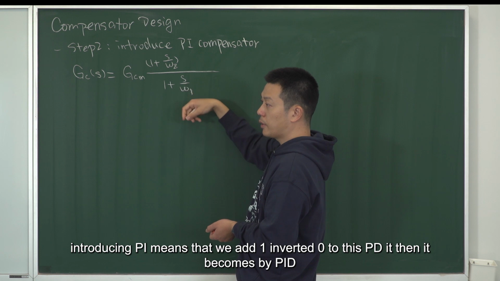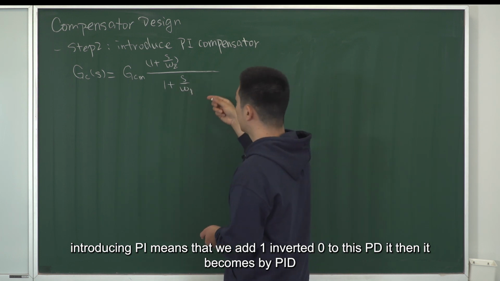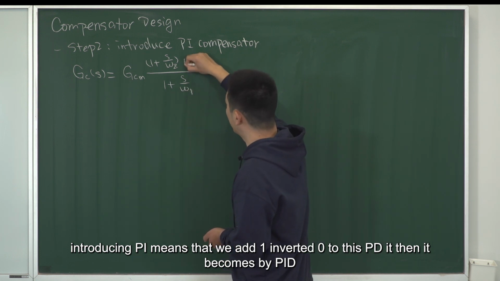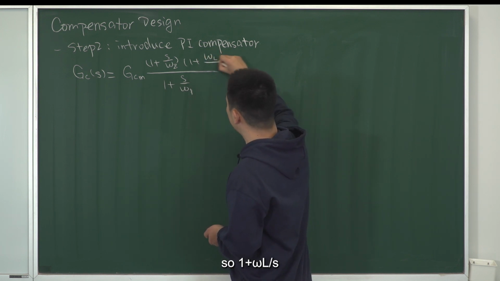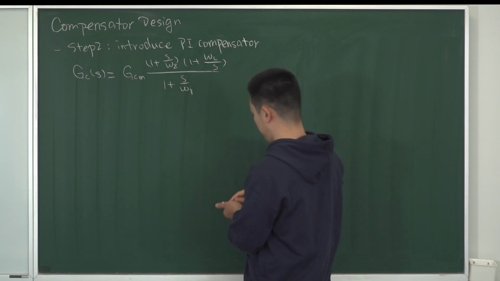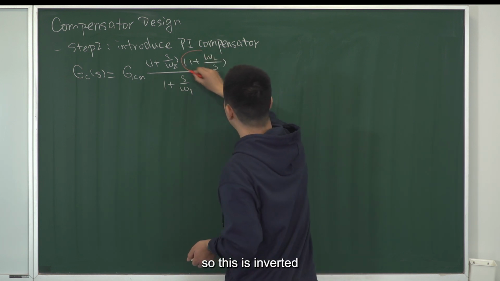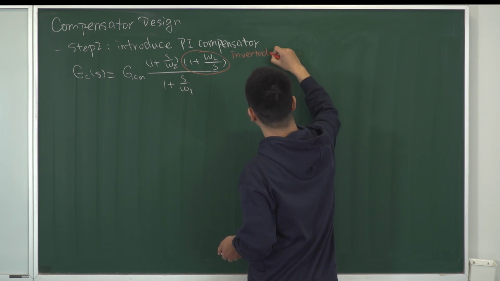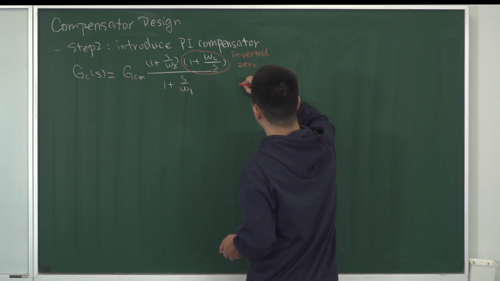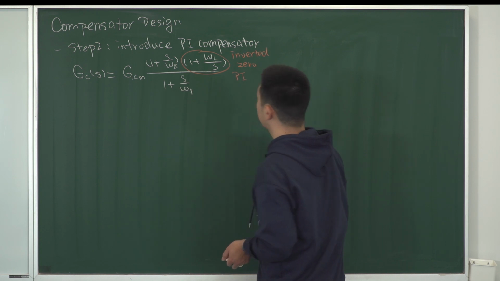Introducing PI means that we add one inverted zero to this PD. Then it becomes PID. So 1 plus omega L over s. So this is an inverted zero and also corresponds to the PI compensator.